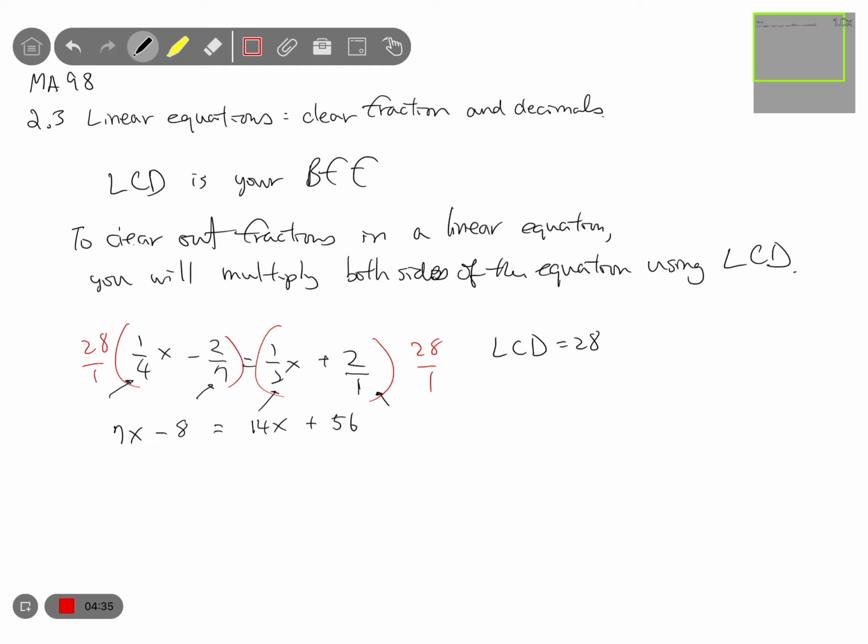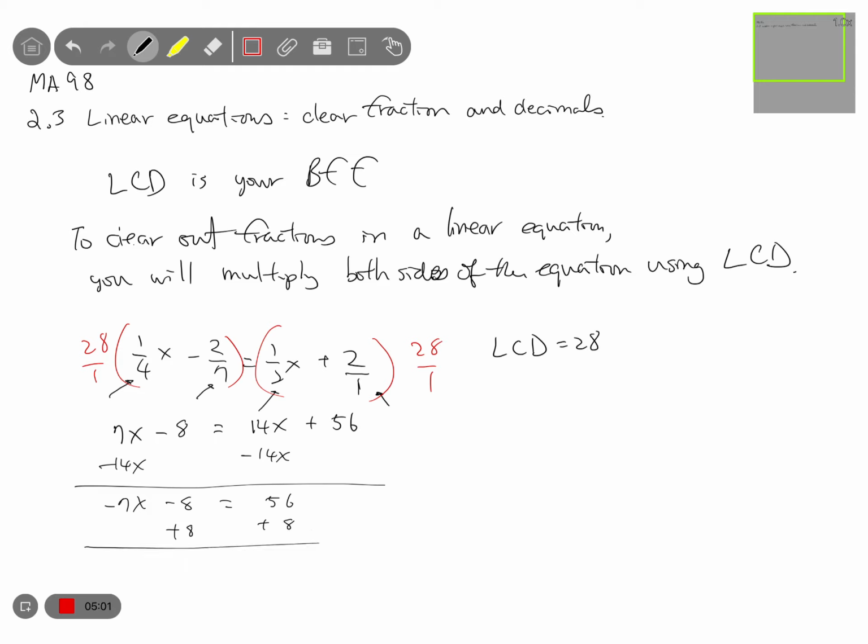So essentially, this problem now becomes the problem we did in 2.2, where we're going to move all the variables to one side and any terms that do not have a variable to the other side. Okay, so I'm going to minus 14x on both sides. And so I have negative 7x minus 8 equal 56. I'm going to add 8 to both sides.